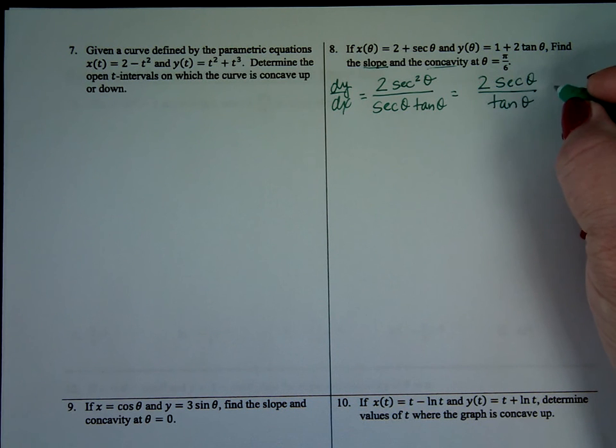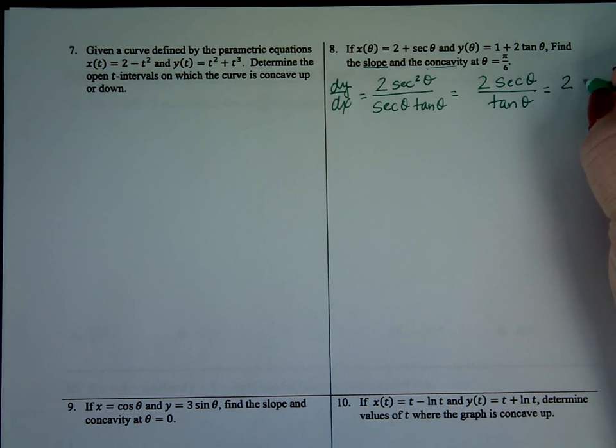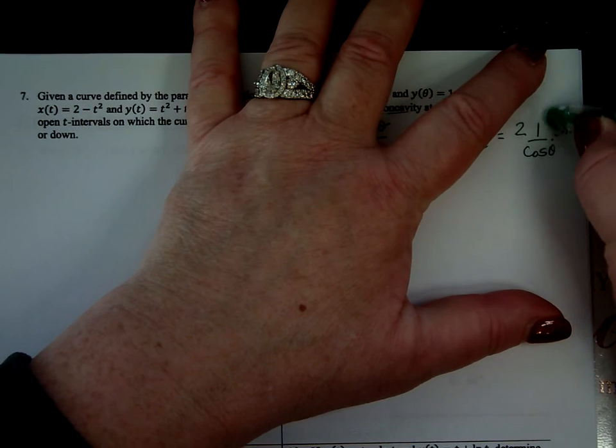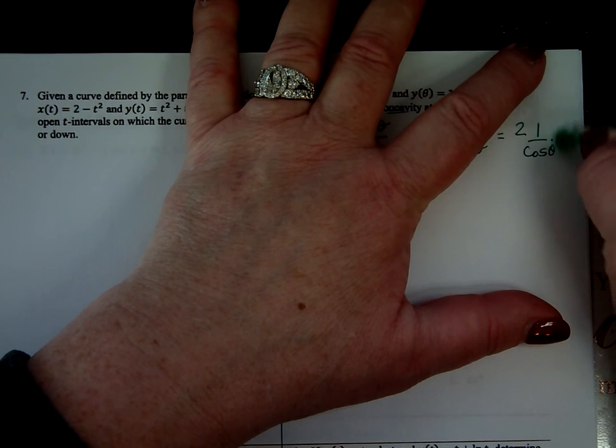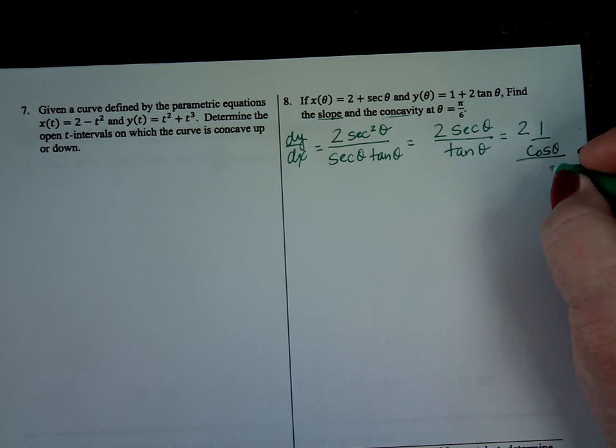But I could also say 2 secant is 1 over cosine, divided by tangent, which is sine over cosine.